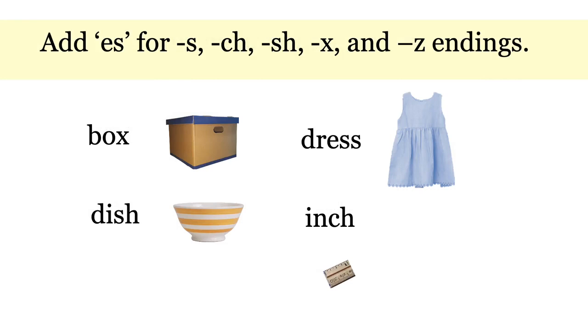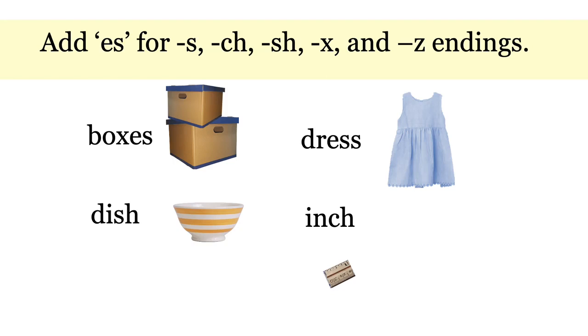Add ES for S, CH, SH, X, and Z endings. That means if the noun ends with a sound like s, sh, ch, z, we need to add ES. Box ends with X, so we add ES and we get boxes. Dish ends with the sh sound.